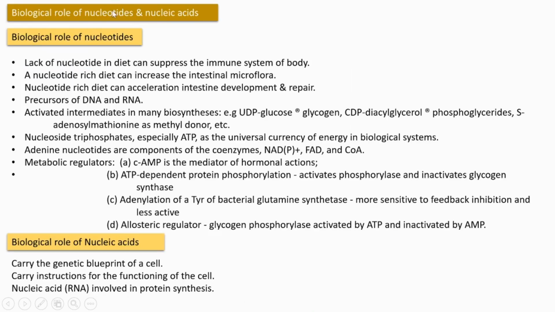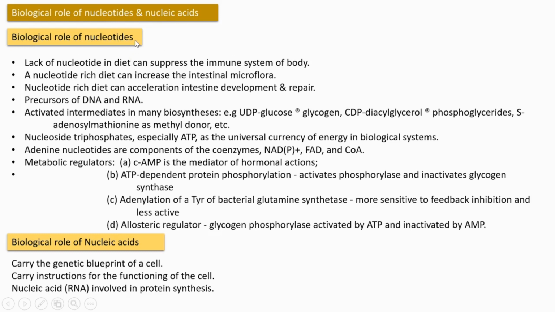Next is the biological role of nucleotides and nucleic acids. We know that both are very important and very related terms. Without nucleotides, there are no nucleic acids. Actually, the polymerized form of nucleotides is nucleic acid. So, the biological role of nucleotides. Lack of nucleotides in the diet can suppress the immune system of the body.